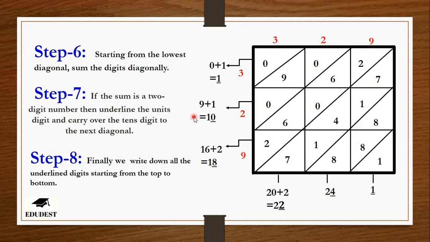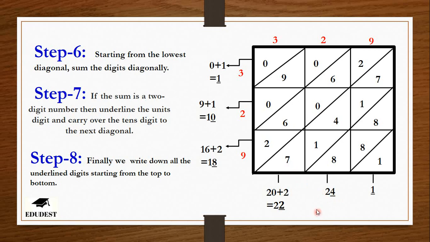Now have a look at step 7. If the sum is a 2-digit number, in that case we have to underline the units digit and carry over the tens digit to the next diagonal. That means here the total sum is 2-digit, and according to step 7 we need to underline the units digit and carry forward the tens digit to the next diagonal.